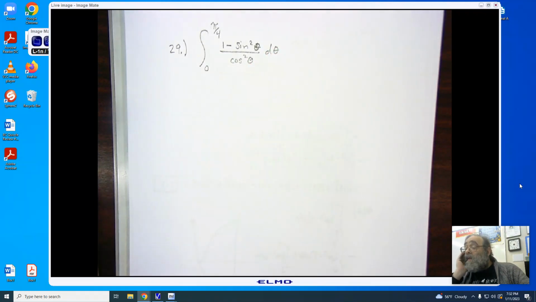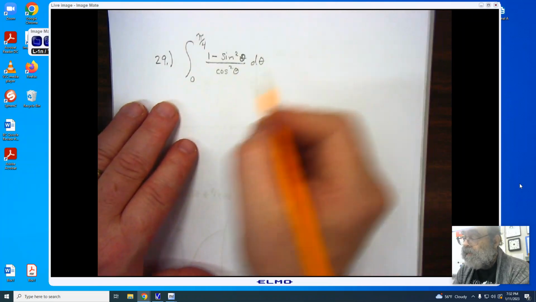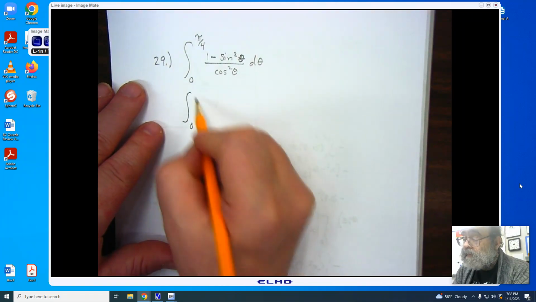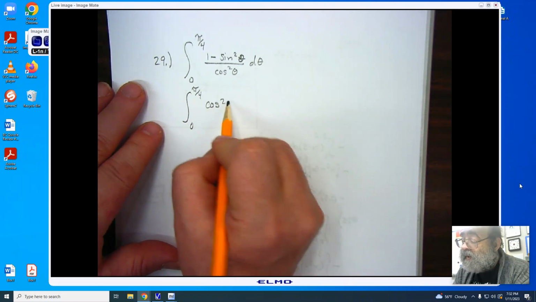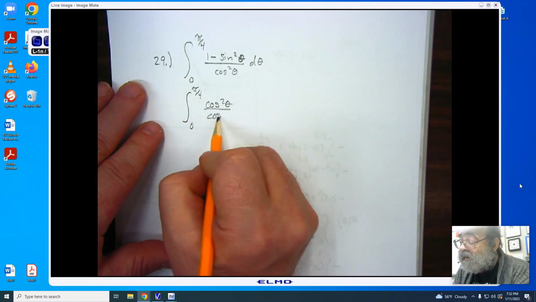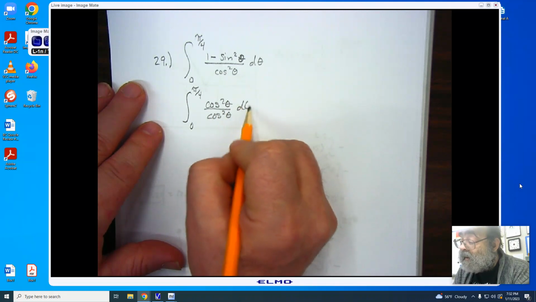Now, when you're doing this, what I want you to stop and think about is, do we know what 1 minus sine squared theta is as an identity? And yes, we do. It happens to be cosine squared. So we're really looking at 0 to pi over 4 of cosine squared theta divided by cosine squared theta, d theta.